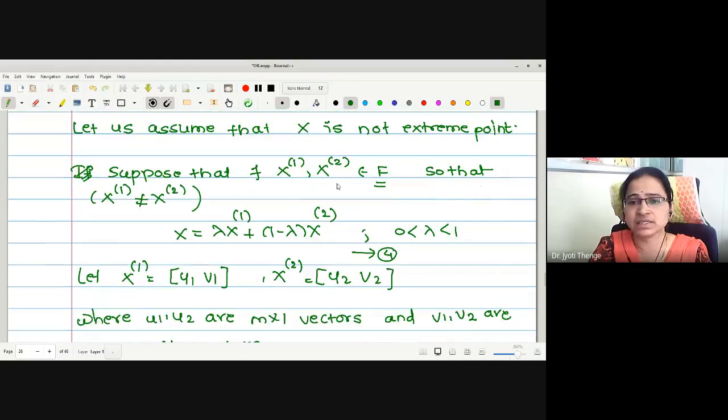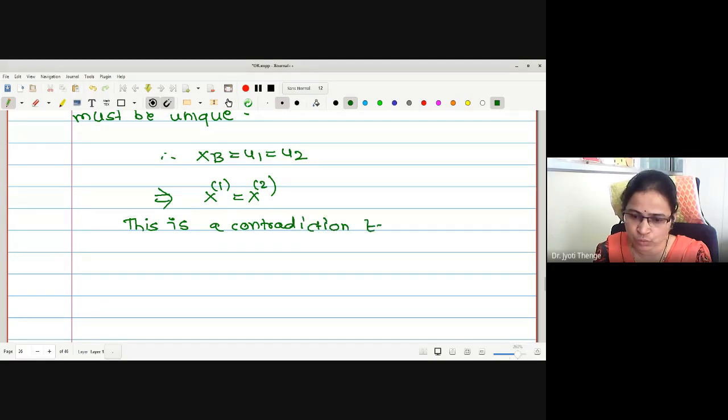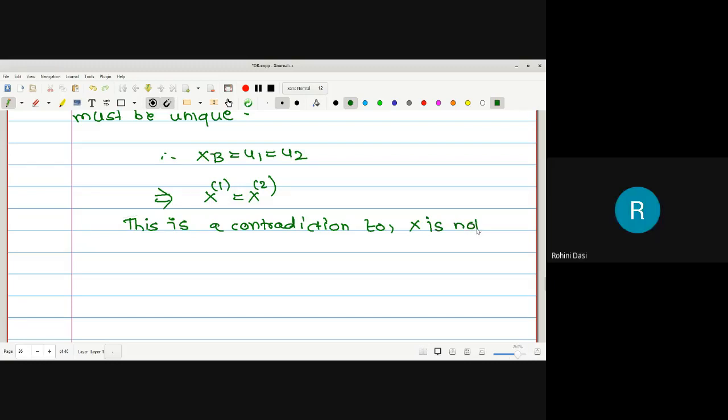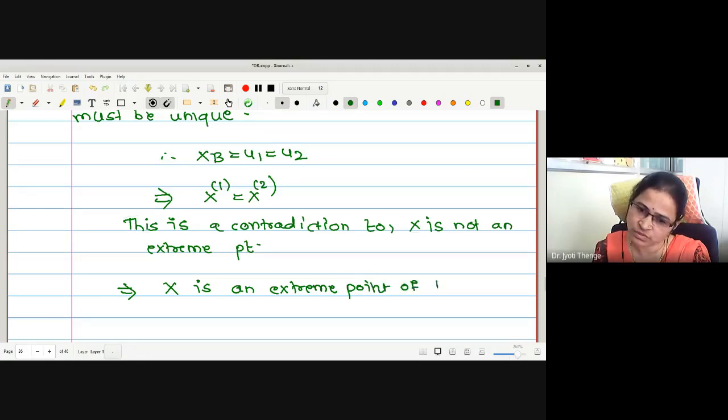What does it mean? x is an extreme point. Therefore, may I say x is an extreme point of the feasible solution set, that is capital F.